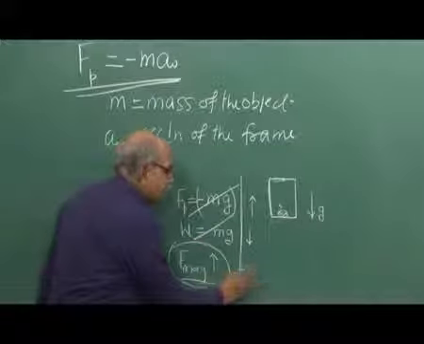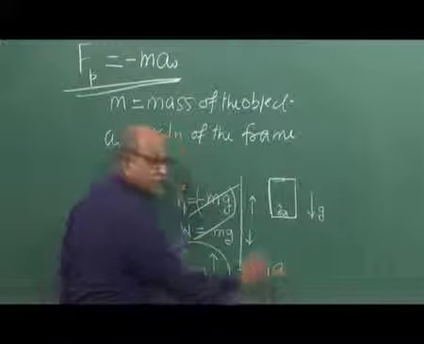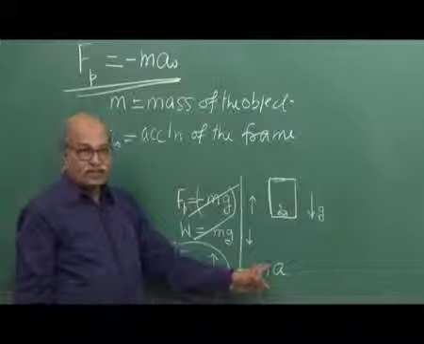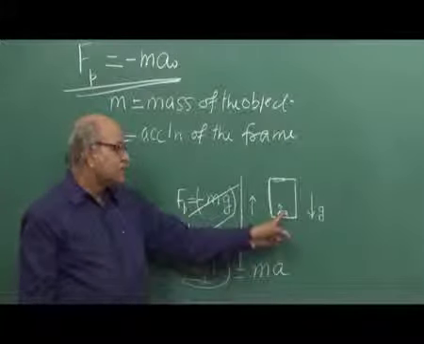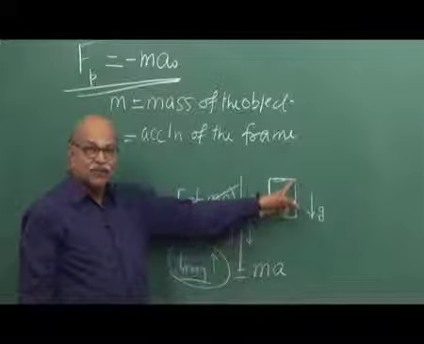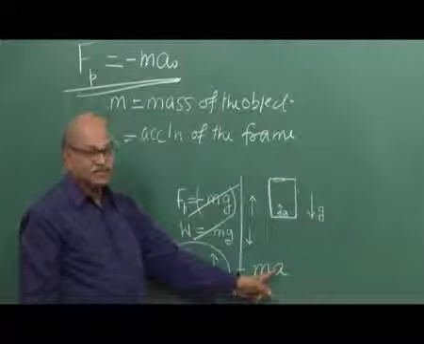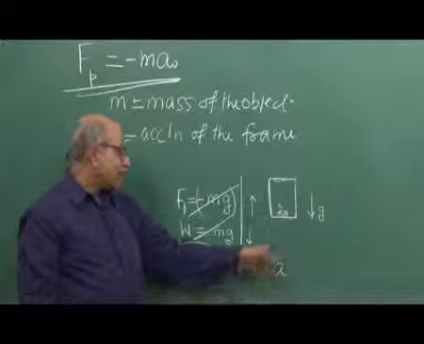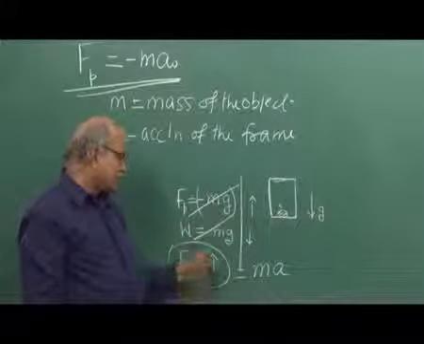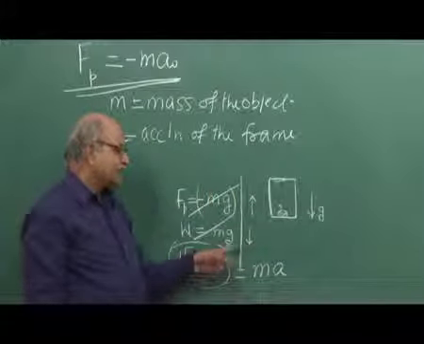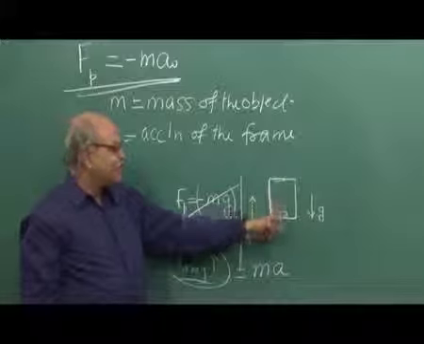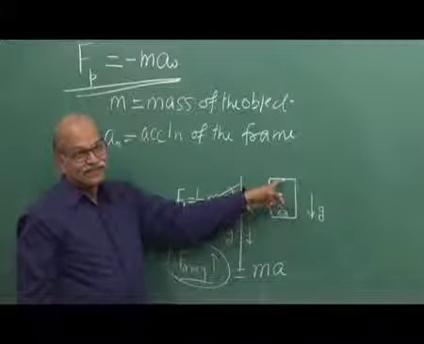So that is equal to mass times acceleration. Acceleration of this ring magnet with respect to this box, that is the acceleration which is coming here, and that is in upward direction because the net force is in upward direction. So it goes up and it goes and hits this magnet.